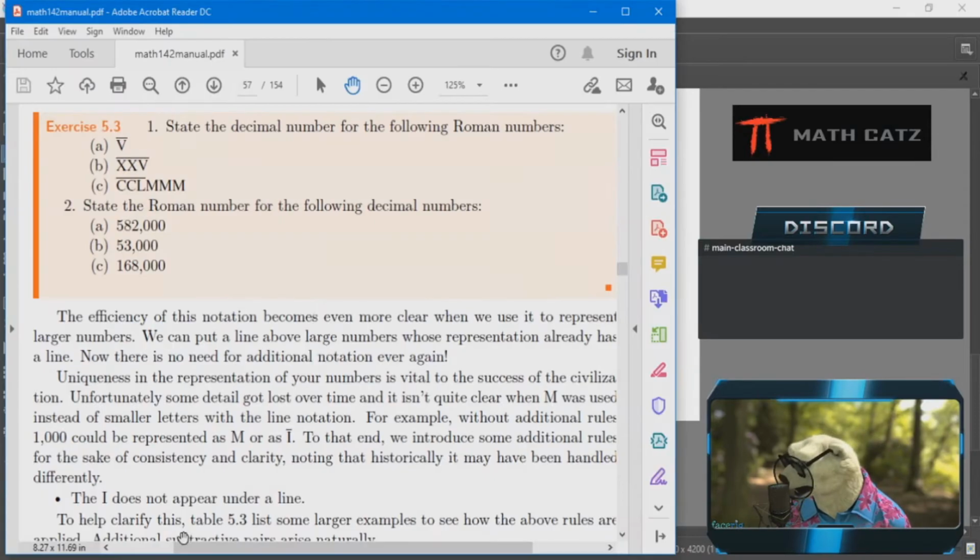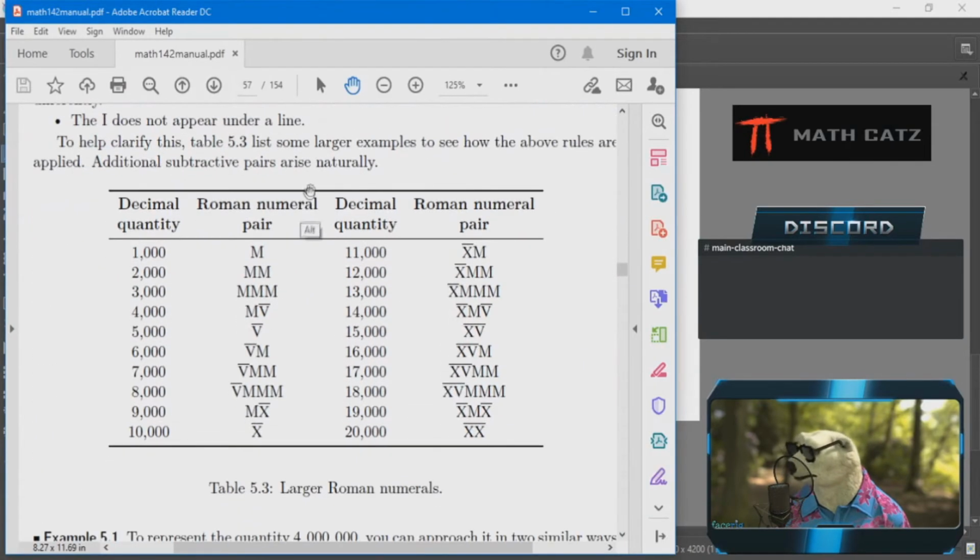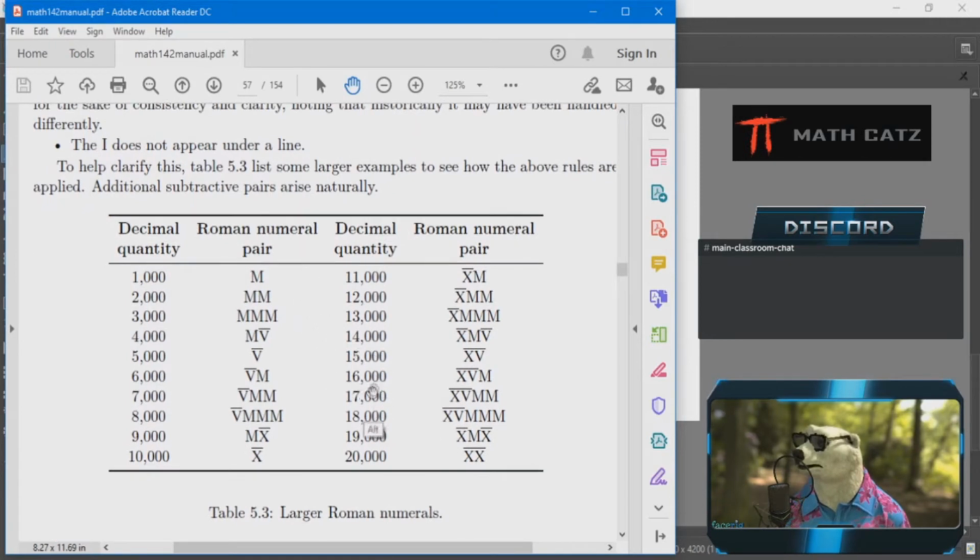So when I look at a table counting some of the thousands, let's look in the book for convenience. I have 1,000, 2,000, 3,000. Okay, that's fine. Then 4,000 is a new subtractive pair. 5,000, 6,000, 7,000, 8,000.